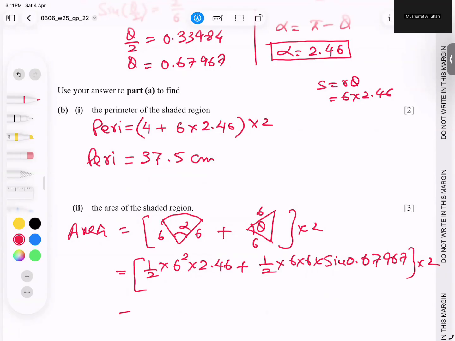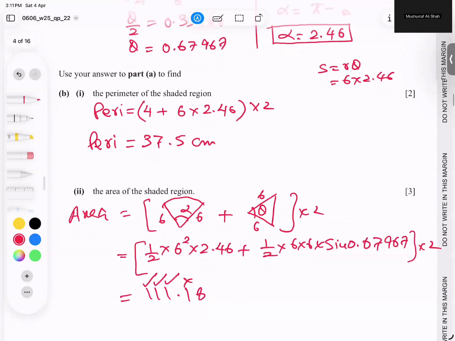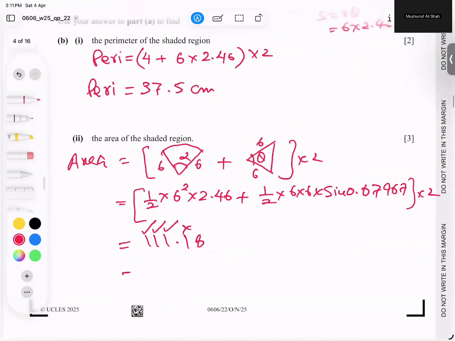And I'm getting here 111.18. But I need 3 SF always, so after rounding, my answer turns out to be 111 centimeters squared. I believe the point is very clear and the question is completely done.